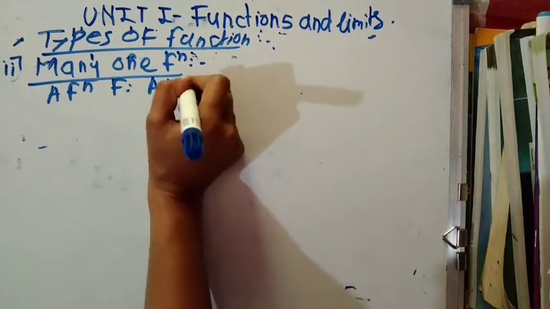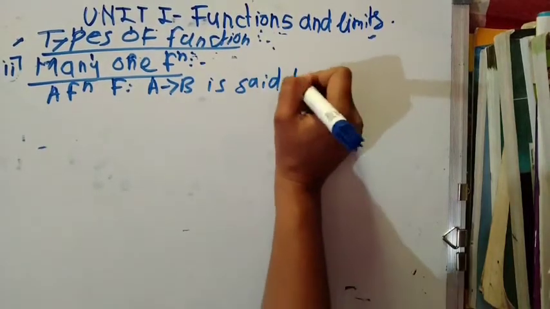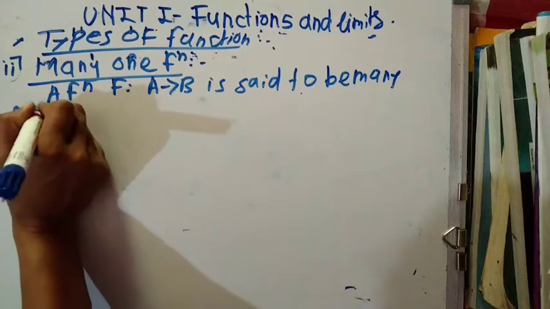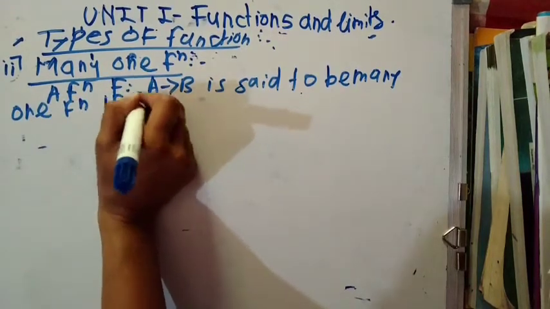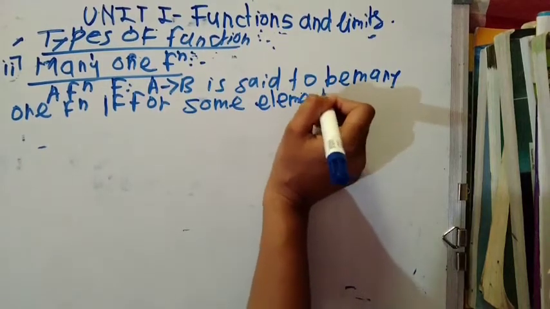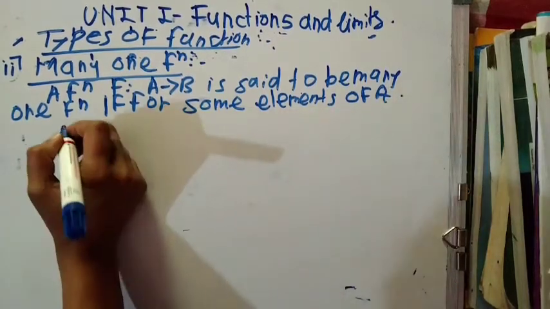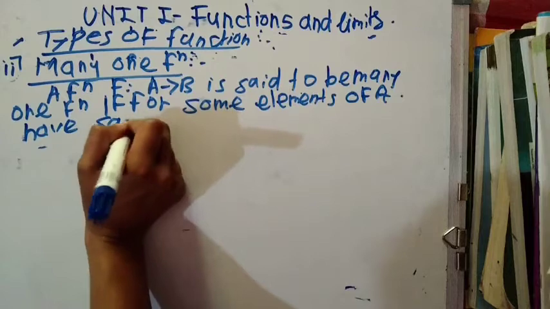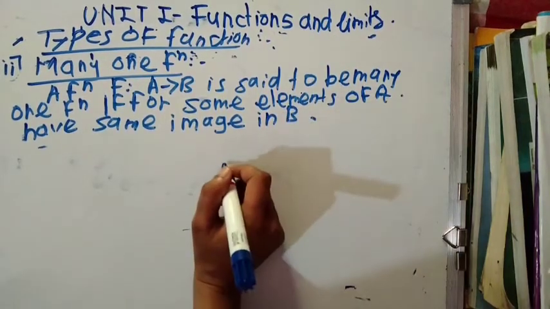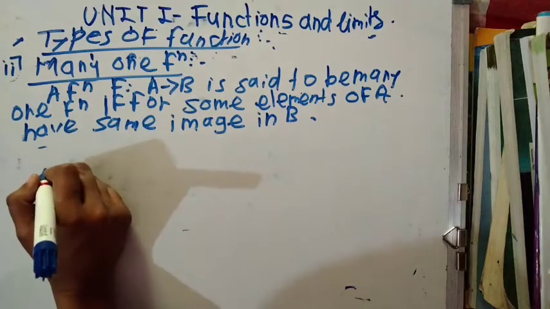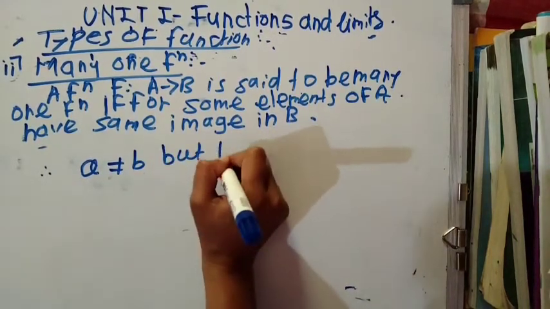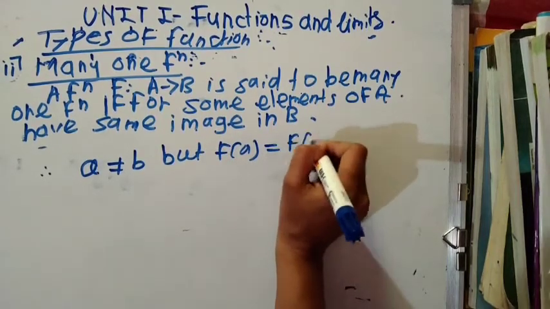A function f from A to B is said to be a many-one function if two or more elements of A have the same image in B. Means here a not equal to b, but f of a is equal to f of b.